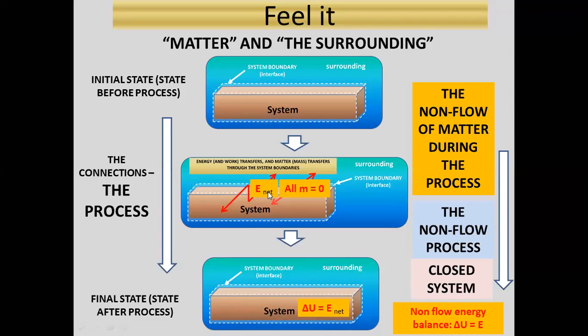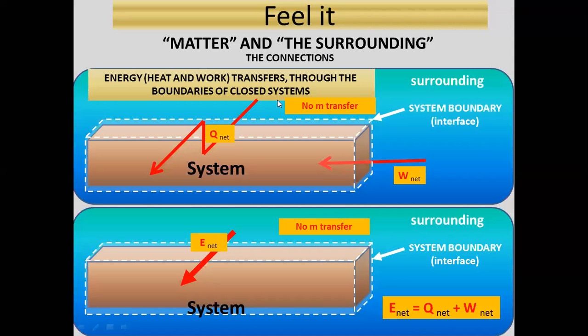E means energy and work. See, Q is energy, W is work here. No mass transfer. So this is a closed system.